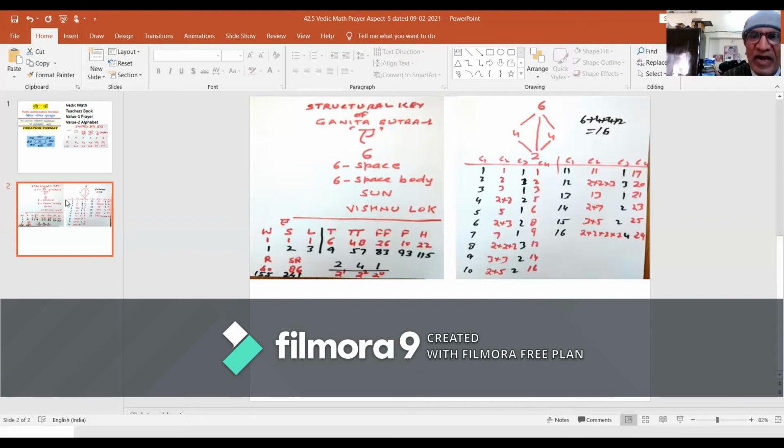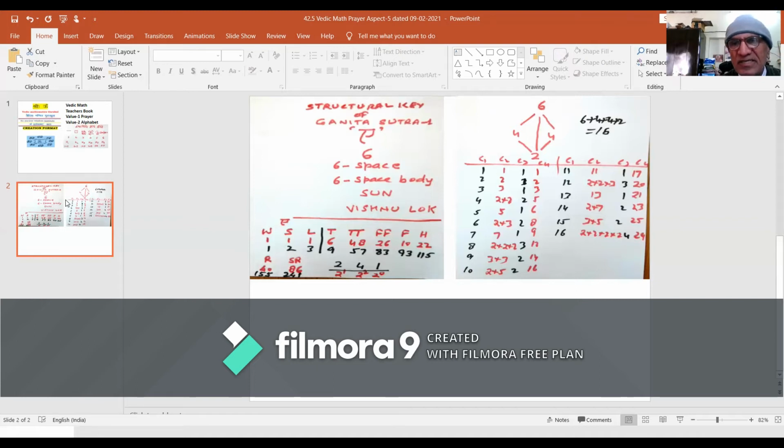The very fact that human body is also a 6 space body, so it really substantively adds to the richness of this phase and stage, this compactified state of Vedic alphabet.